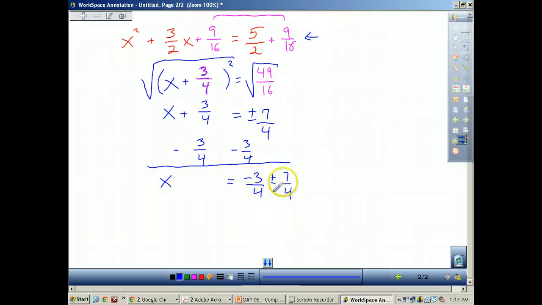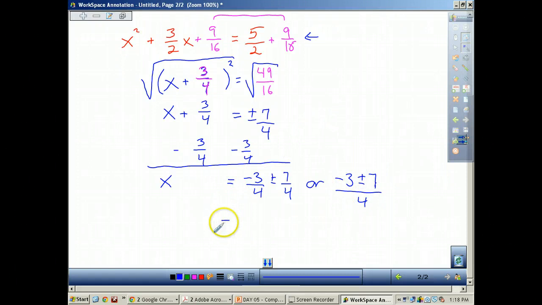Now at this point you can get your two answers. Right here you have an option. You have the same denominator. If you prefer, you can write it like you see in the quadratic formula, all over the same denominator. Since they're the same denominator, you can just say it's negative 3 plus or minus 7 all over 4.